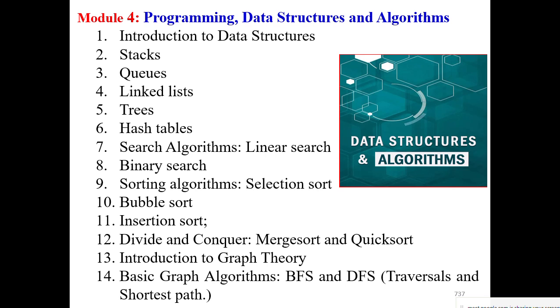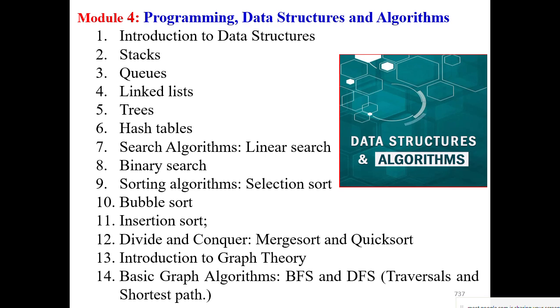Selection sort selects a minimum element and compares it with the other elements. Bubble sort is an exchange sort. You compare the first two elements: if the first is less than the second, keep it the same; if the first is greater than the second, swap them. That's why it is called exchange sort.